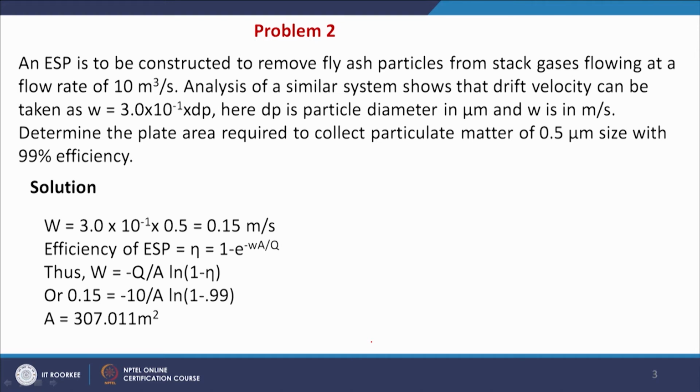The statement is: an ESP is to be constructed to remove fly ash particles from stack gases flowing at a flow rate of 10 meter cube per second. Analysis of a similar system shows that drift velocity can be taken as W equal to 3 into 10 to the minus 1 into dP, where dP is the particle diameter in micrometer and W is in meter per second.